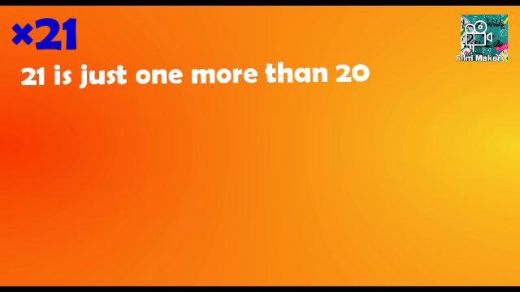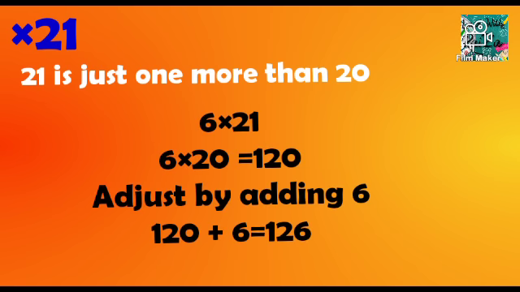Then the next one, multiplying by 21. 21 is 1 more than 20. So for example, 6 by 21. First of all you multiply it by 20. So 6 by 20 means, as I taught in the beginning, it is 6 by 2 by 10. So that 6 by 2 is 12 and 10 means a 0 at the end, so 120.